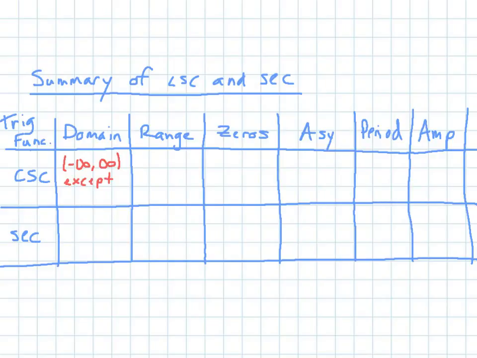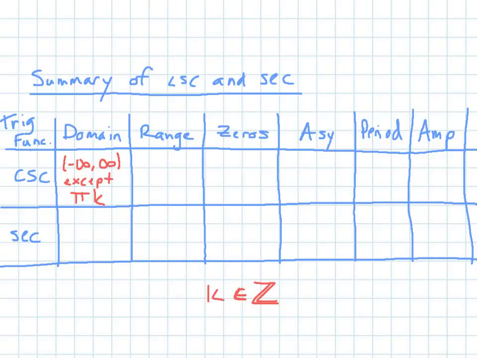Okay, so they started at 0 and they went every pi. So we would say pi times k for any k that's an integer. Okay, that would be the shorthand way of saying the same thing. So k is an element of the integers.